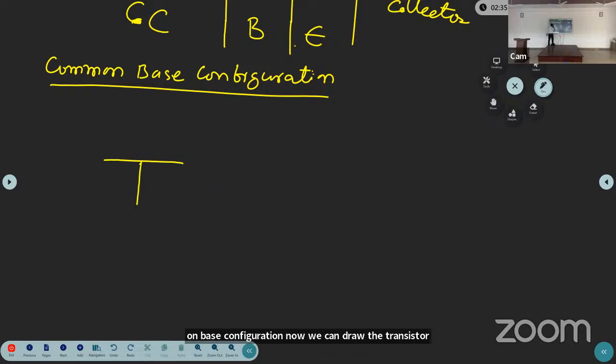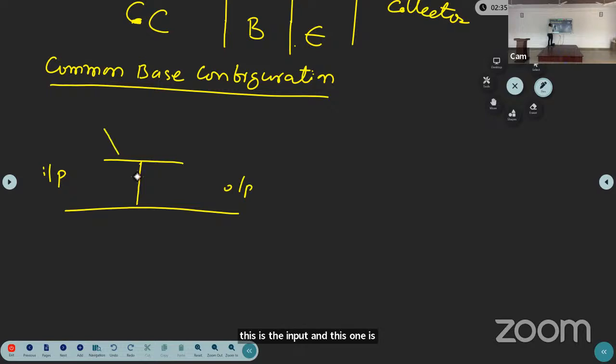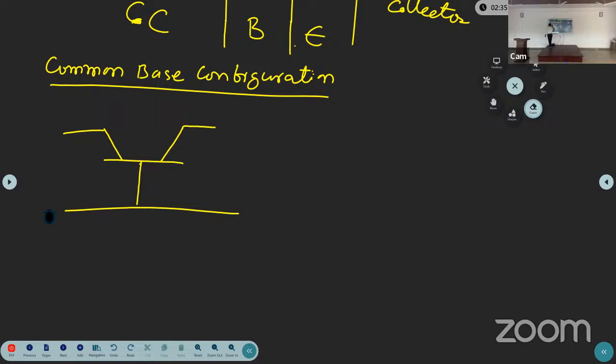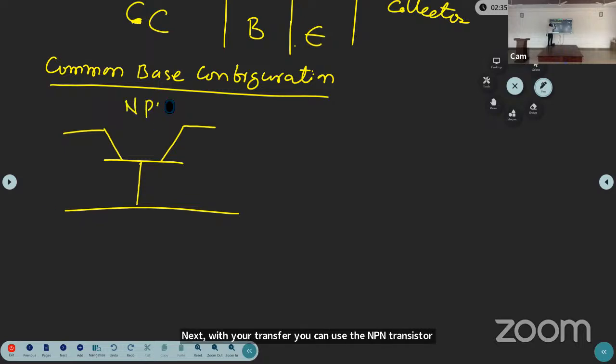This is the base, common for the input circuit, and this is the input and this one is the output. Okay, the transistor symbol, the input circuit and output circuit. Next, which transistor? You can use the NPN transistor, and I will explain the NPN transistor.